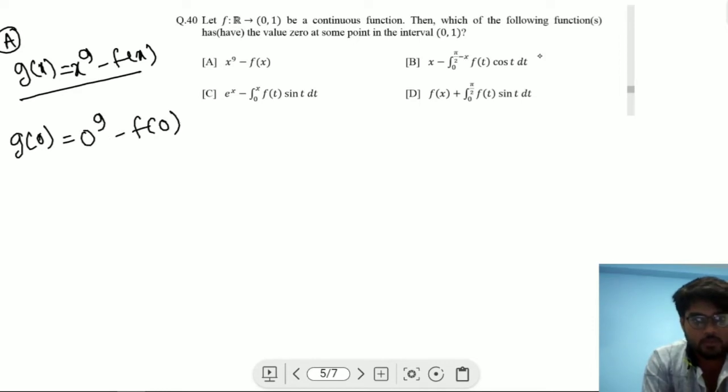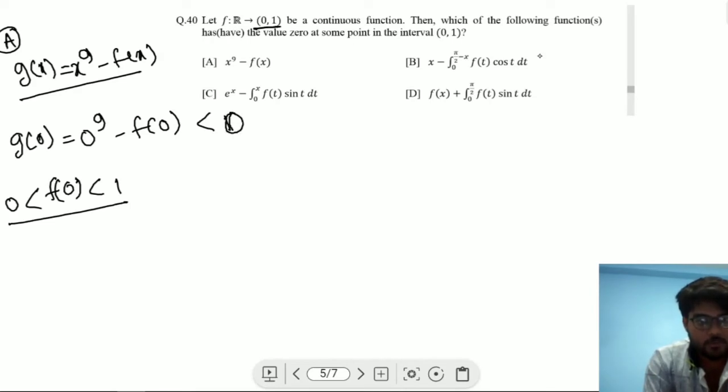It is clearly written that the range of f is (0, 1), so f(0) lies between 0 and 1. So 0 minus f(0) must be less than 0, negative.